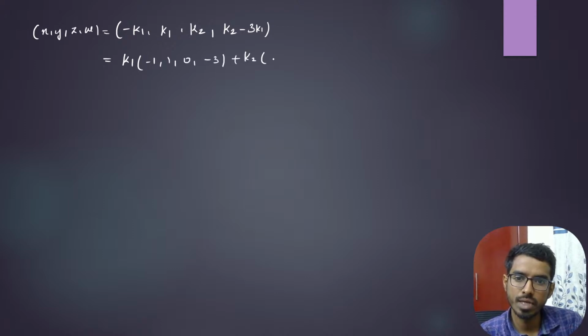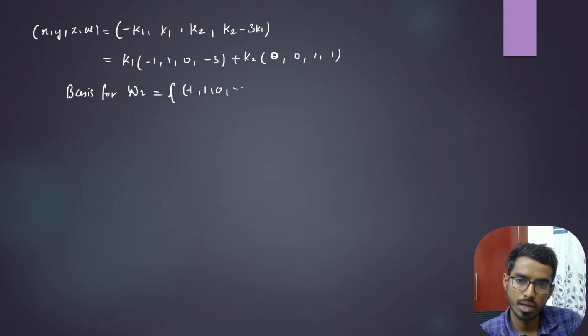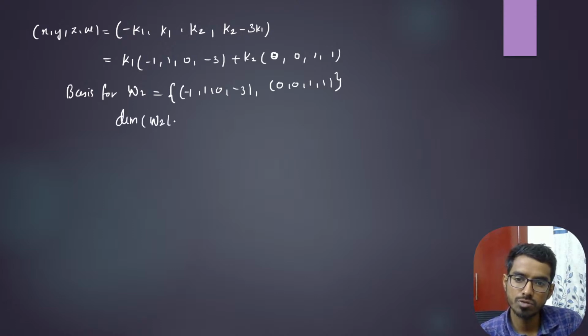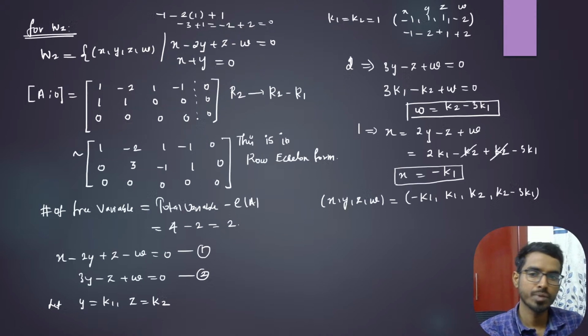If I take k2 outside, we will have (0, 0, 1, 1). So the basis for W2 is (minus 1, 1, 0, minus 3) and (0, 0, 1, 1). These two elements span the entire solution space for W2, right? And what about the dimension of W2? It has two elements in the basis, so the dimension of W2 is 2.